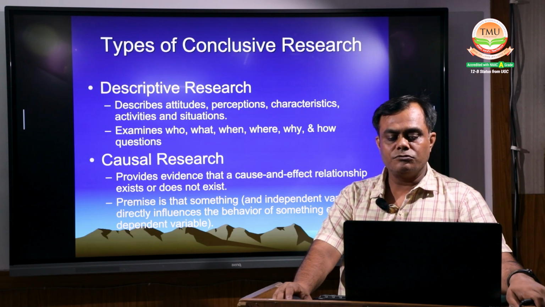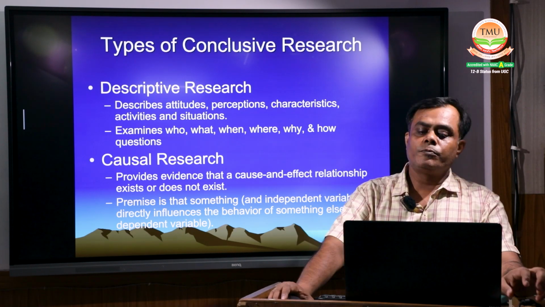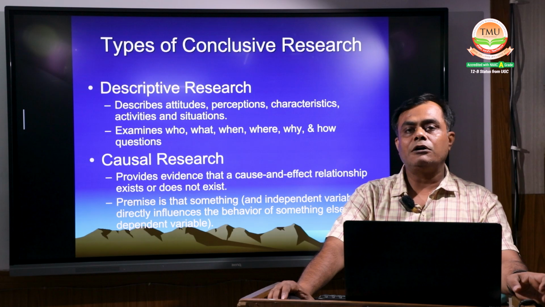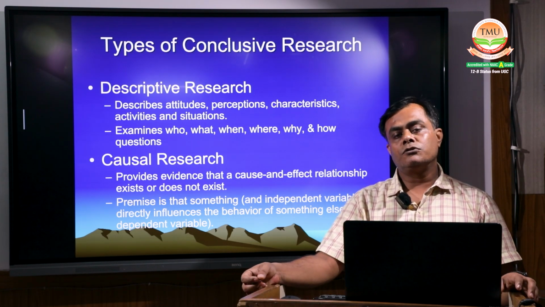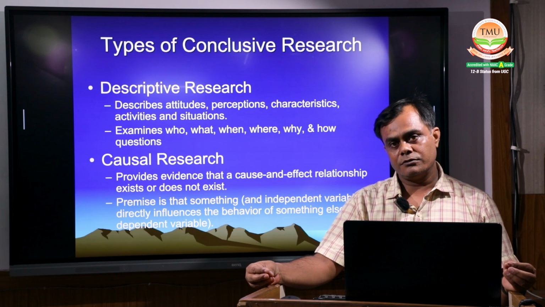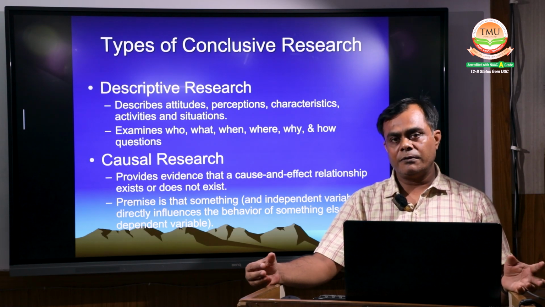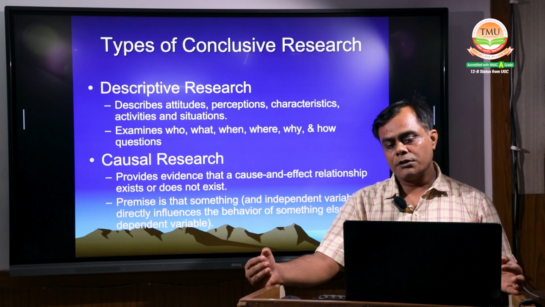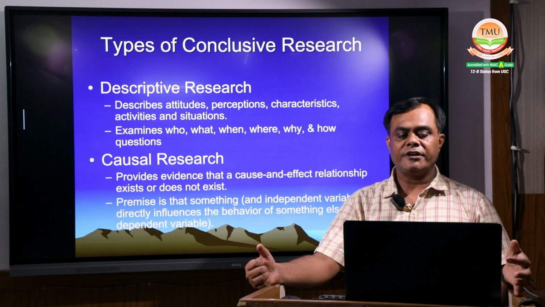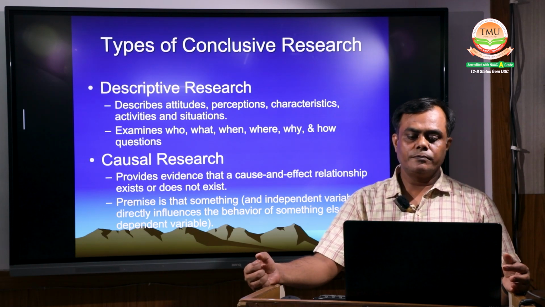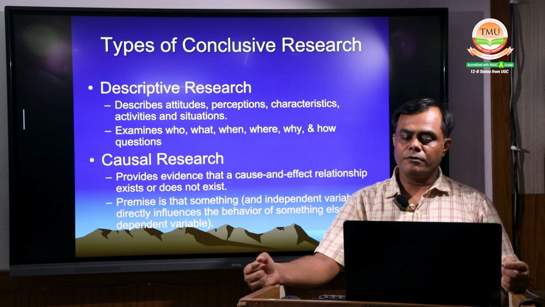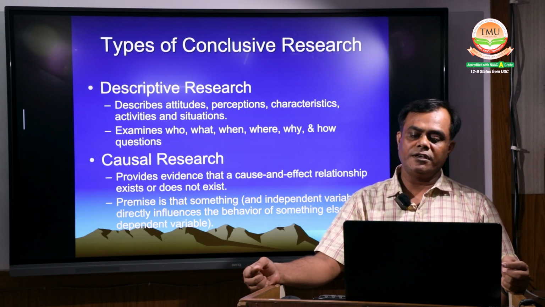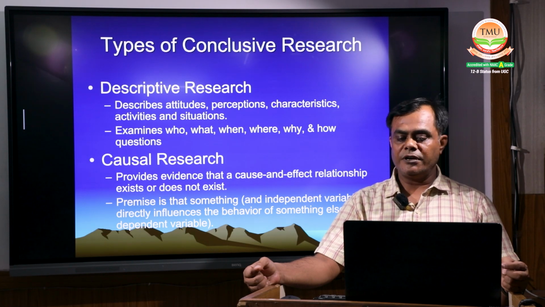The second type is causal research. It provides evidence that a cause and effect relation exists or does not exist. So whatever the cause and effect relation between the variables, whether it exists or not, in causal research we are finding that out. The premise is that something, an independent variable, directly influences the behavior of something else, that is, the dependent variable.